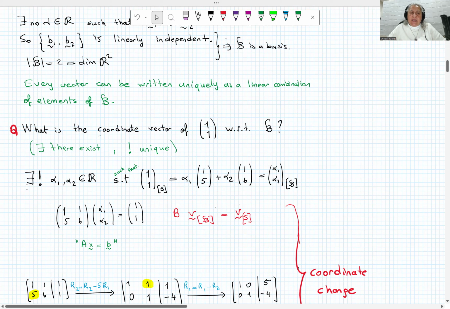So we have that there exist unique alpha 1, alpha 2, such that (1, 1) can be written as a linear combination of the basis vectors of B, (1, 5) and (1, 6). So these coefficients will give us the coordinate vector of this vector. It's exactly the same vector. The object does not change, but the representation of the object changes because your basis changes.